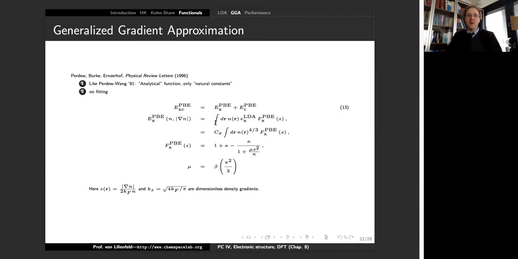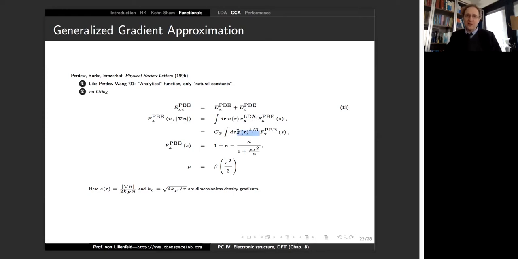And the exchange part contains again the LDA functional. And then you see now there's this scaling function on top of that that's multiplied in. Okay. So this here we know, electron density times electron density from LDA, that was raised to the power of 1/3, right?